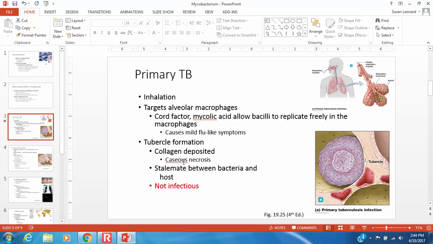In some cases, we get this caseous necrosis. Necrosis means death of tissue. Caseous necrosis is a special kind of cell death where the cells actually turn into a sort of cheese-like consistency. It sounds kind of gross. But the inside of the tubercle gets super runny, and eventually the tubercle will rupture.